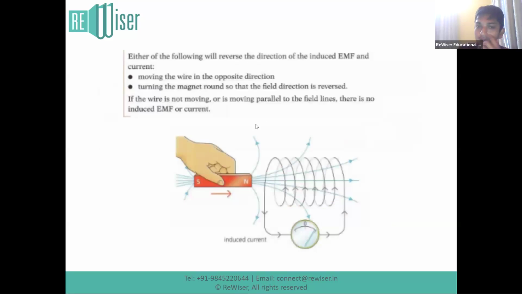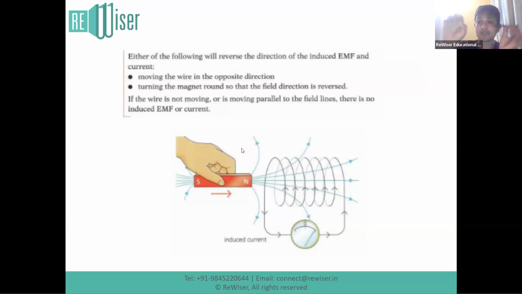So here is, in fact, Oersted's experiment. You can Google it again, or YouTube it if you want. So what happens is, if I take a current carrying coil and a bar magnet, as soon as I bring the magnet closer or even farther away from the coil, current will be induced in this coil.